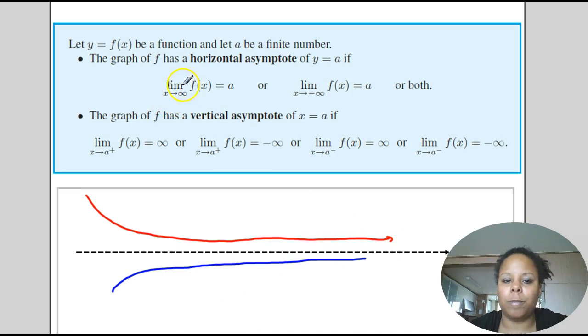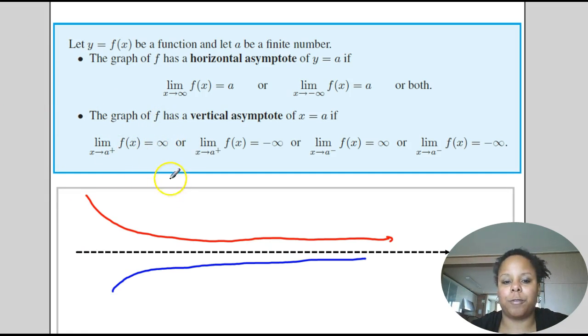The limit as x approaches infinity of f of x is A. The limit as x approaches negative infinity of this graph is not going to be A because it's going far away from the line. It probably is infinity.